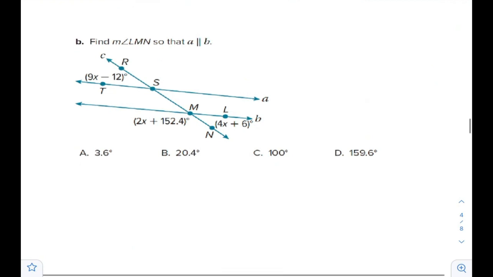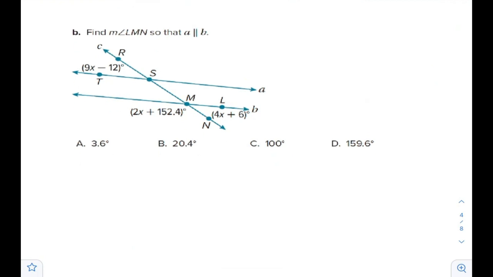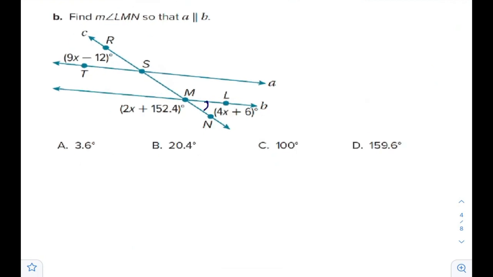Find the measure of angle LMN. LMN is this one, which is given as an expression 4x plus 6. Let's try to find a relation between this angle and any other angle. We have two choices.